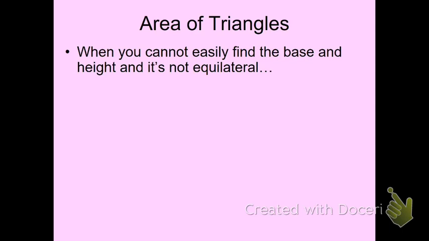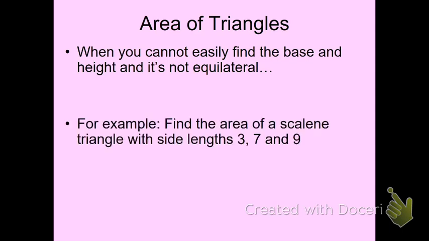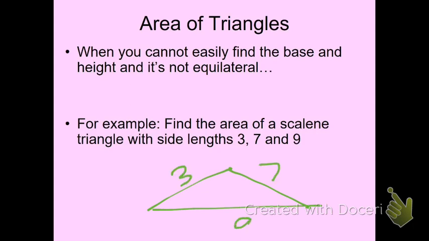Okay, so with areas of triangles, when you can't easily find the base and the height, and it's not equilateral, you want to use something called Heron's formula, which we'll talk about in the next slide. So for example, if you had a scalene triangle that looked like this, there's no right angles necessarily. That's 3, that's 7, that's 9.